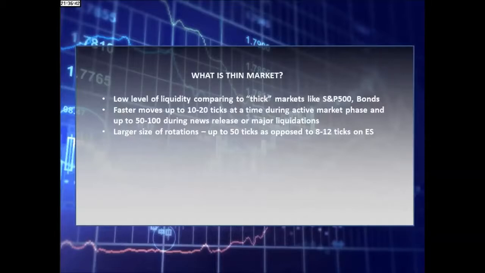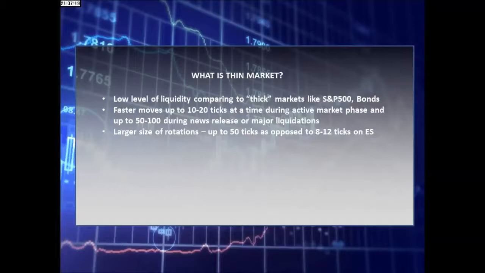Well, first of all, if you're used to seeing fat figures on the ladder, then you're not going to see that in thin market. So the first characteristic is a low level of liquidity compared to thick markets like S&P 500 or bonds or many other markets. But those two categories are most notorious. So you should be ready to see much lower numbers.